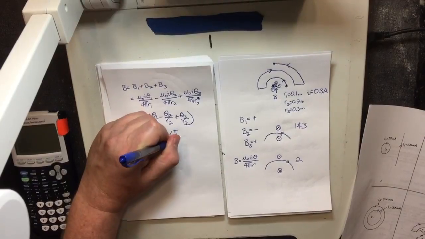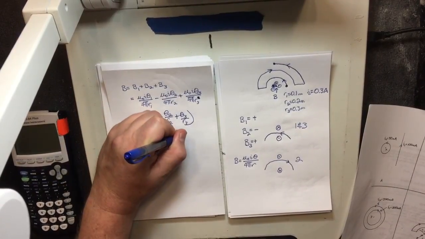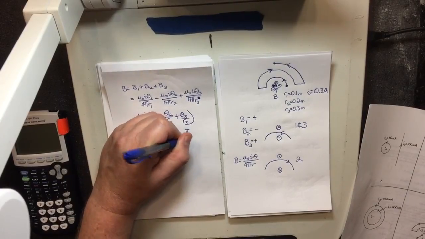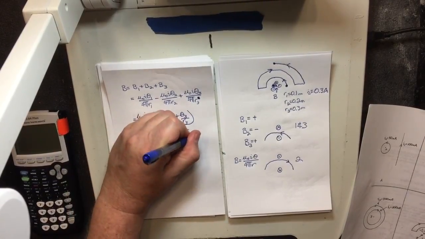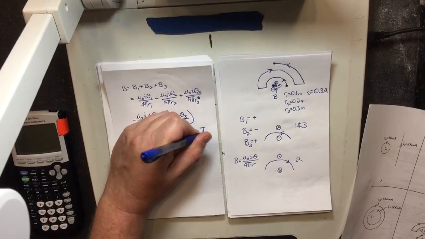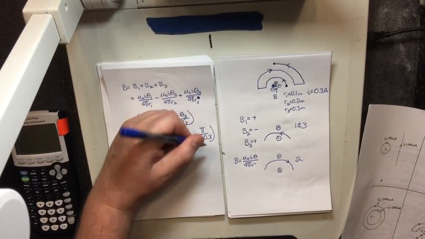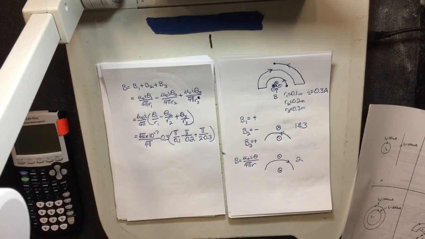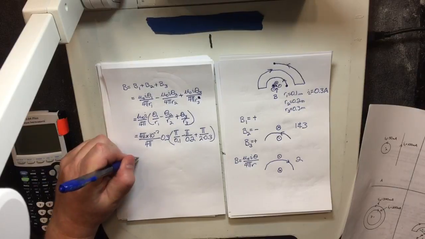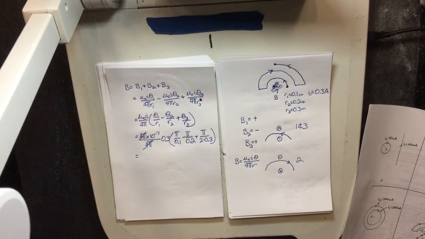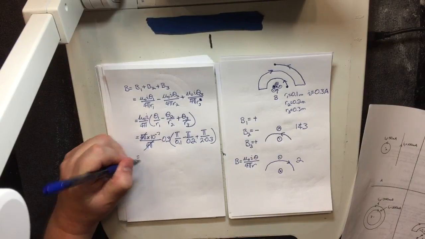So pi over 0.1 minus pi over 0.2 plus pi over 2 times 0.3. The radians for a quarter circle is pi over 2. And then we plug all this stuff in. I would probably factor out a pi right now.